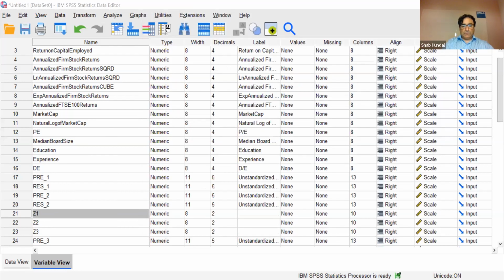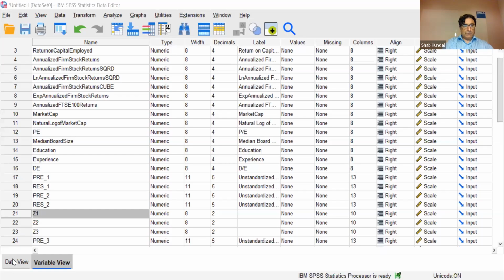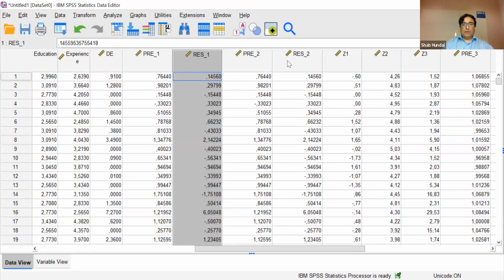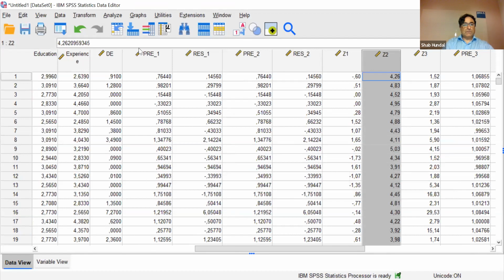So if I go once again to the data view, now we have recalculated our variables.